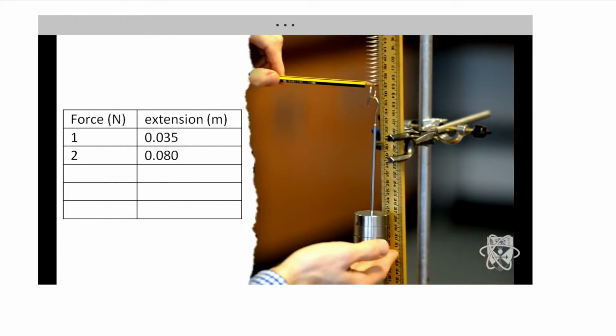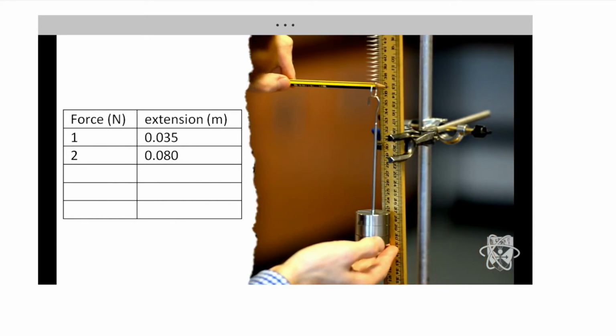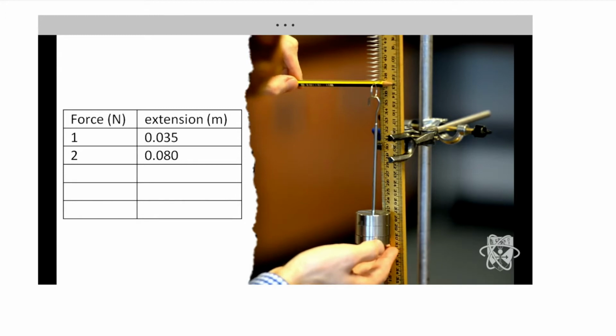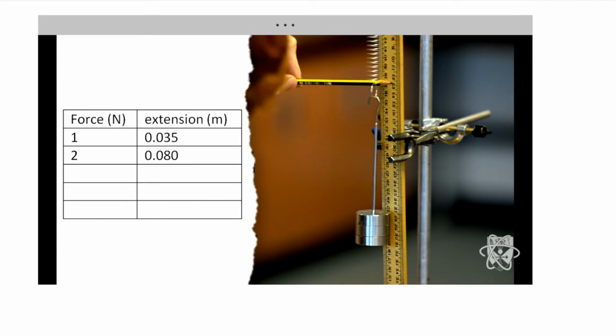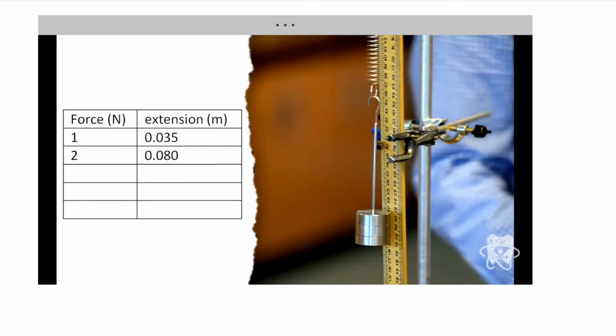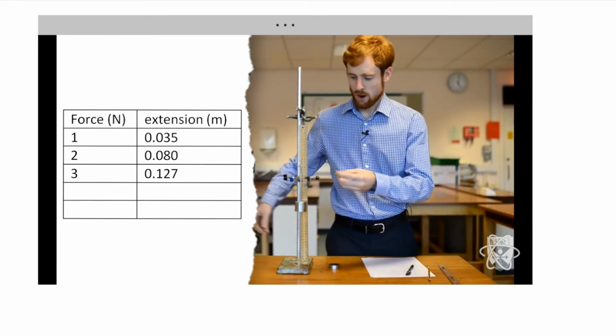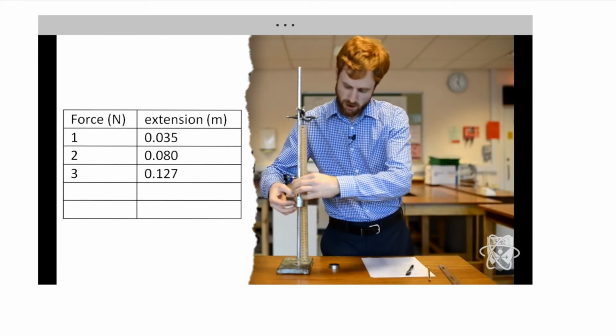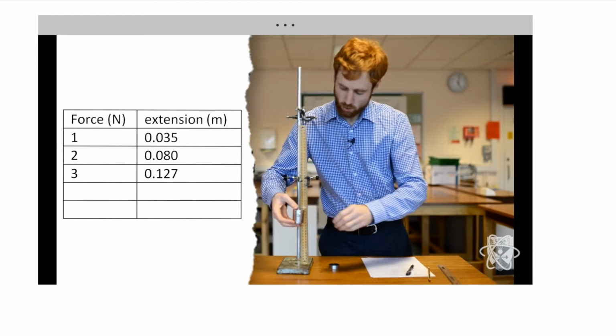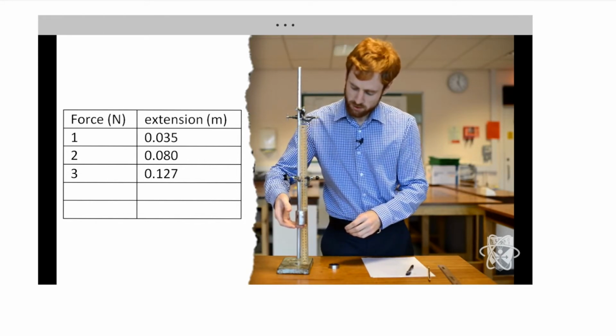Okay, bottom of the coil now at just over 12.5, I'm going to call that 12.7 centimeters, 0.127 meters.